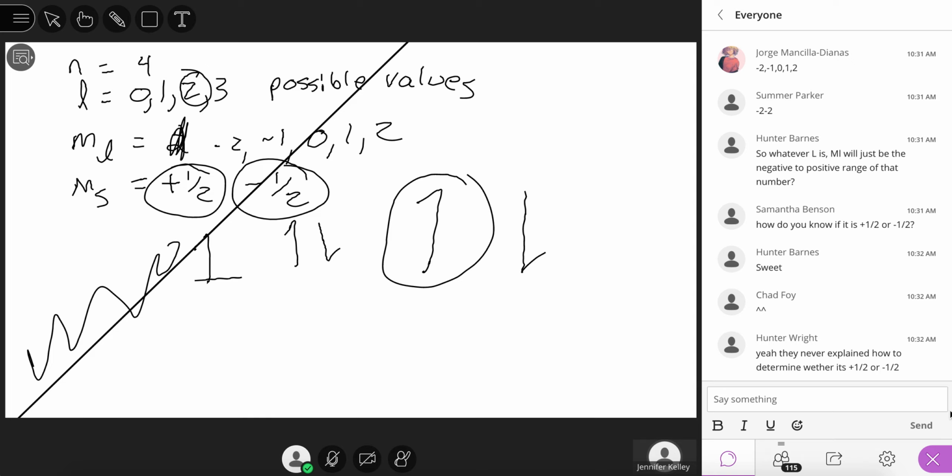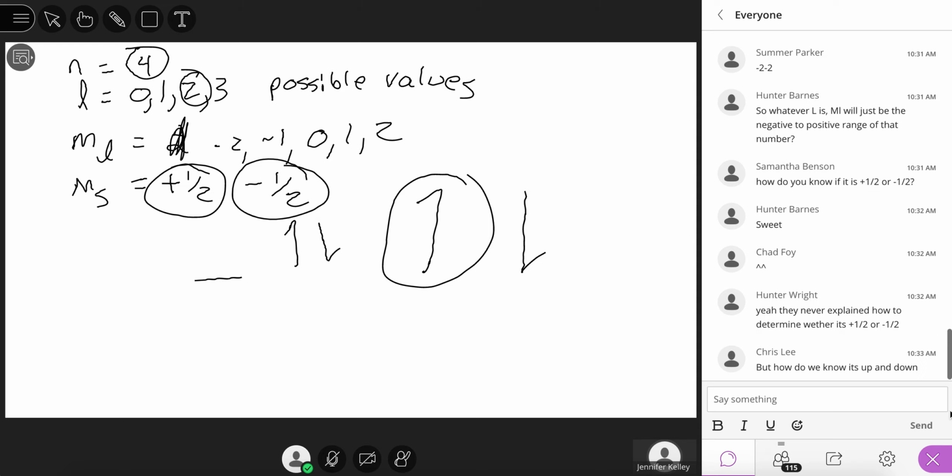Generally, when they get down to MS, they haven't given you enough information, and they probably won't for a couple more chemistry courses. Maybe when you're a junior, they'll start explaining how to determine what MS is. But for now, they'll say, if N is whatever, what are the possible values of L? Or if N is 4 and L is 2, what are the possible values of ML?